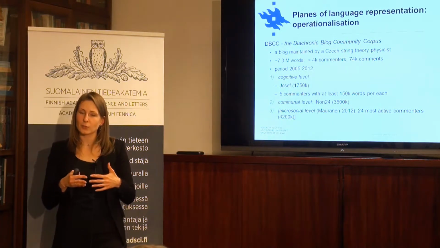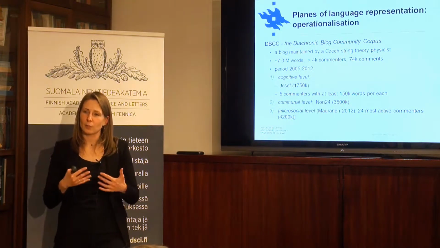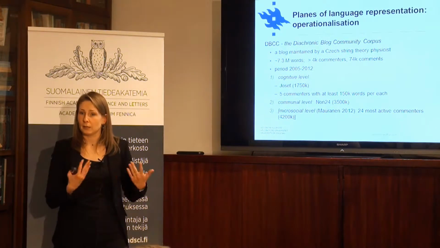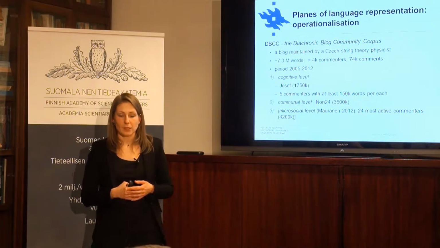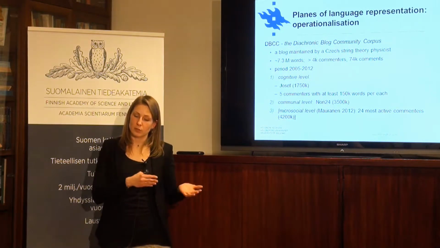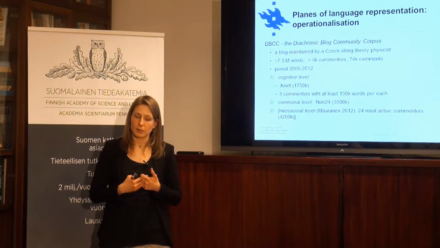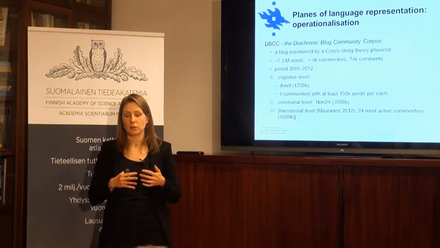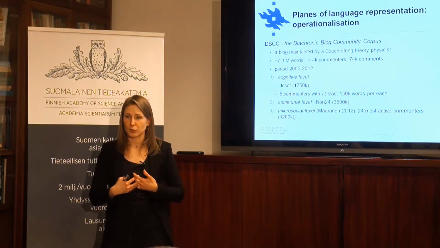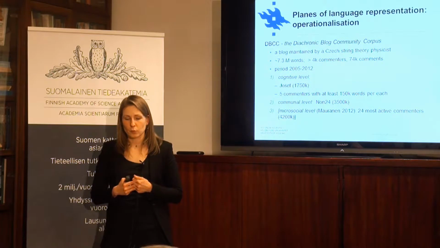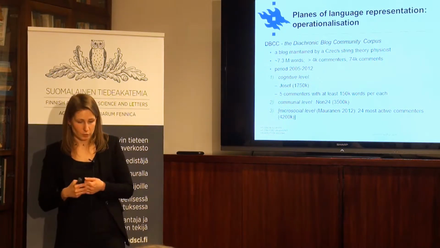If I left those comments in my communal representation, they would skew my calculations. So the cognitive or individual level is represented by several individual commenters, and the communal level is represented by the non-24 corpus, the corpus except the 24 most active commenters.